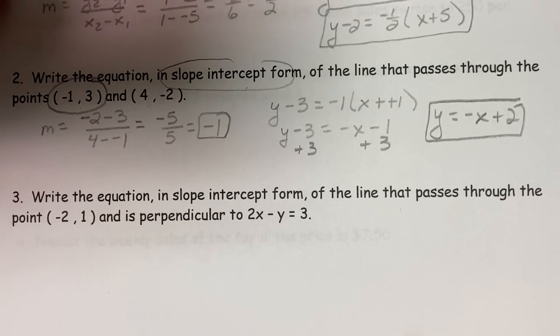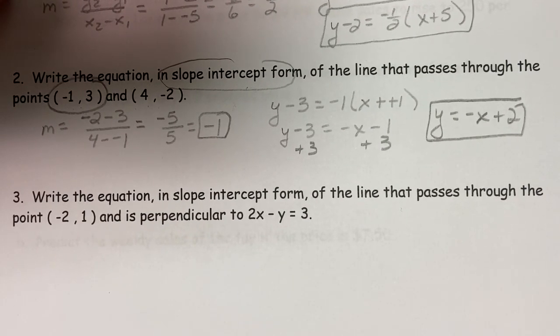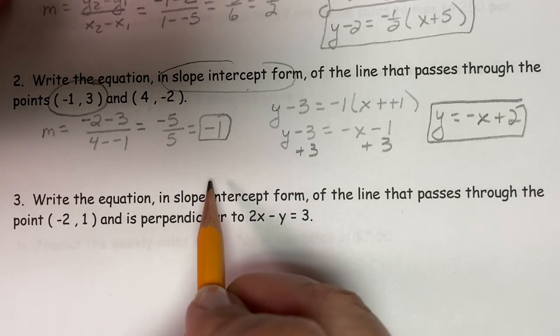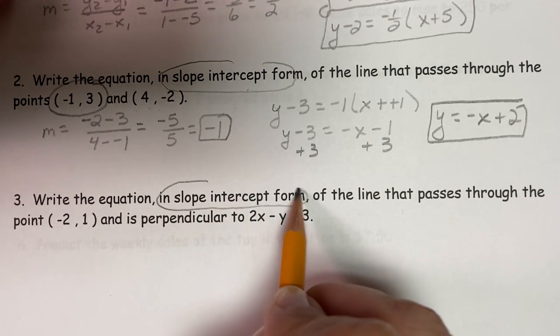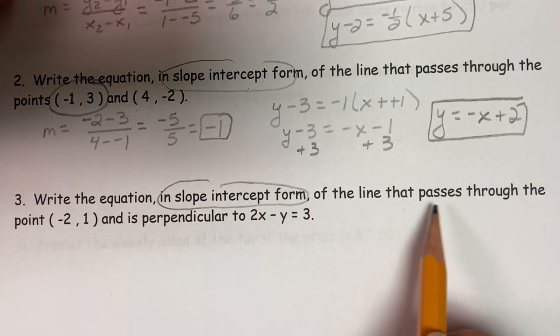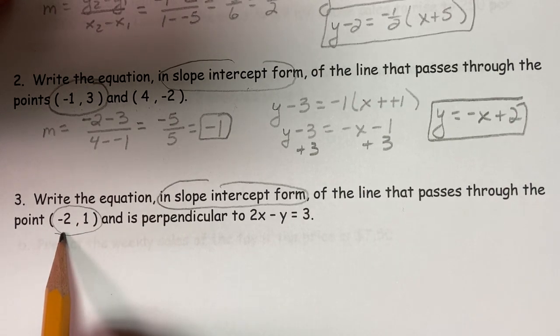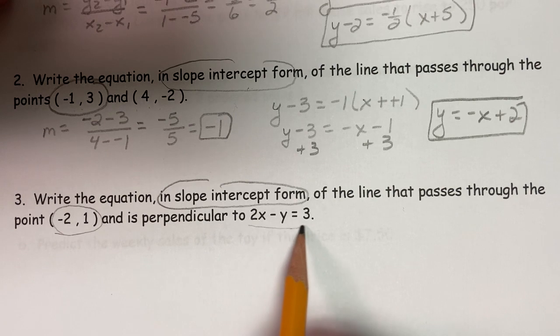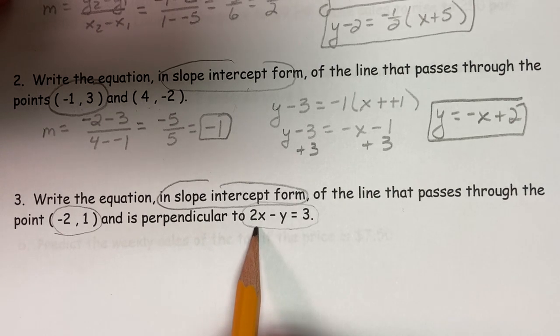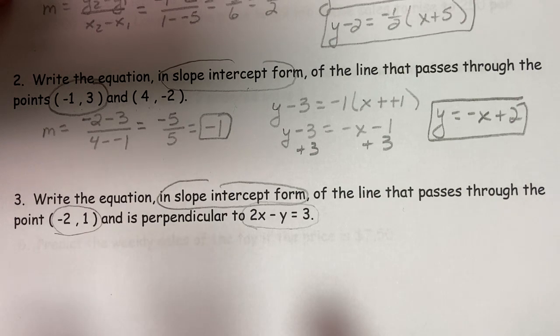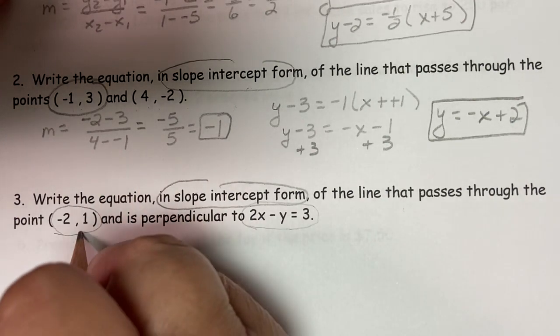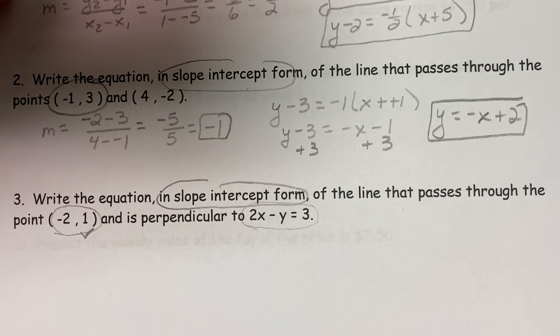Okay, let's go to number 3. Write the equation of the line in slope-intercept form of the line that passes through the point -2, 1, and is perpendicular to this line right here. So now remember, I told you, you need two things to be able to come up with the equation of a line. A point, which we have, and you need the slope.